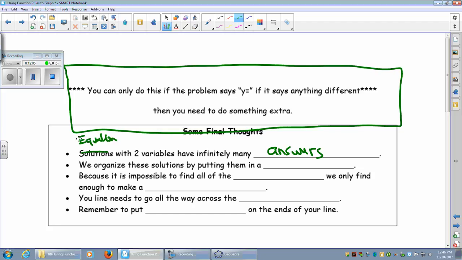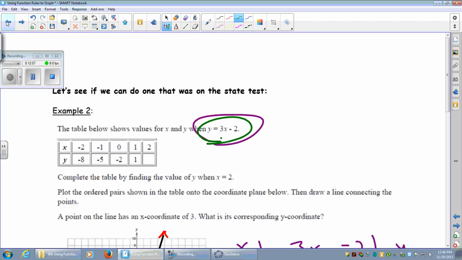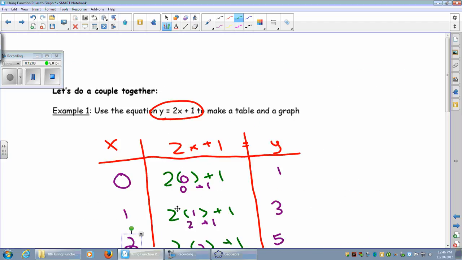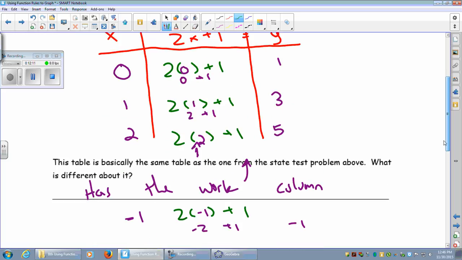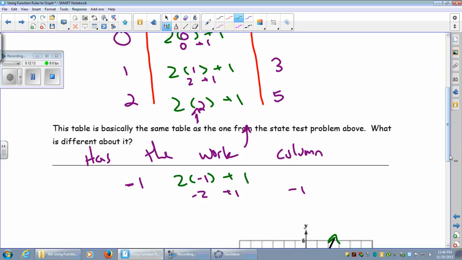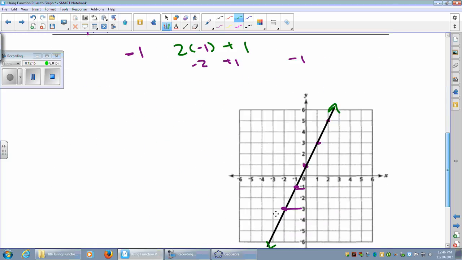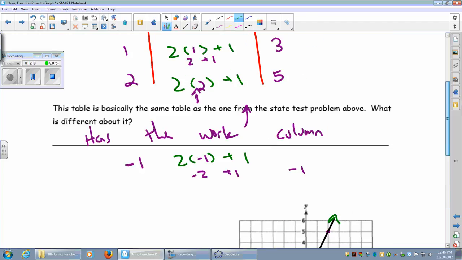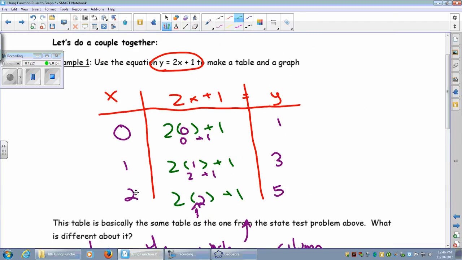What I mean by that is these 3 answers that we found for this table are not the only 3. Remember, we also found -1. Or if I wanted to, I could have looked at -2 or even -3 and found answers for that. So these 3 that we find are not the only ones. That's why we need to use a line.